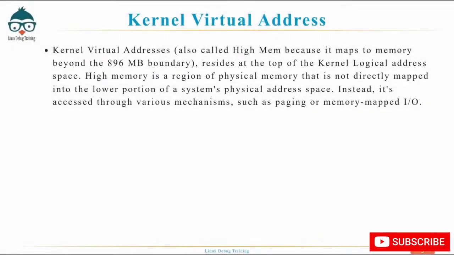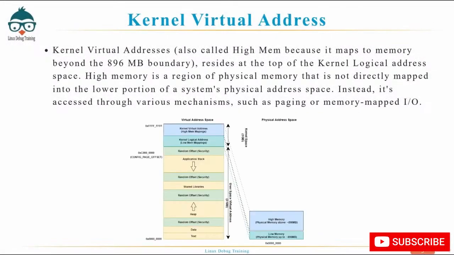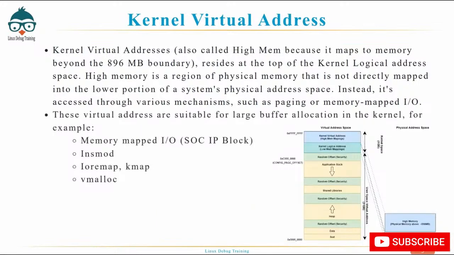Kernel virtual address. Kernel virtual addresses, also called HIMEM because they map to memory beyond the 896 megabyte boundary, reside at the top of the kernel address space. High memory on 32-bit systems is a region of physical memory that is not directly mapped but is instead accessed through various mechanisms such as paging or memory mapped I/O.